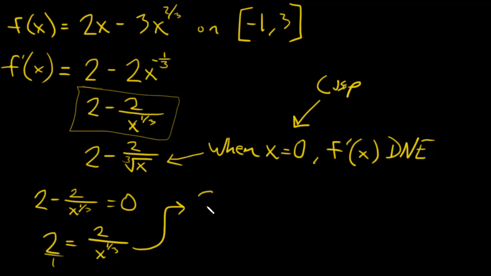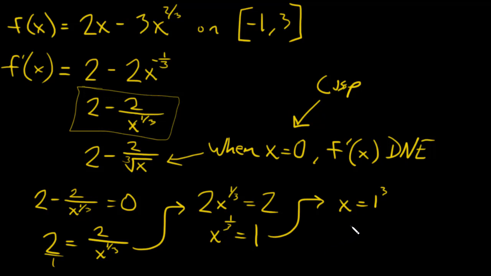So I'm going to get 2 times x to the 1/3 equals 2. I'm going to divide both sides by 2 and get x to the 1/3 equals 1. And to solve for that, I just cube both sides. And when I do that, I get x is equal to 1 cubed, which is x equals 1. Okay? That right there is a critical number.